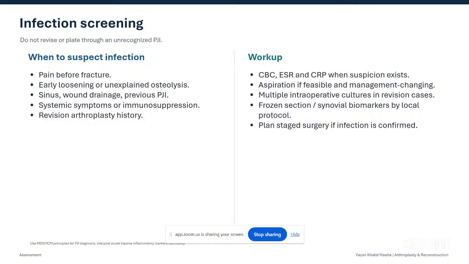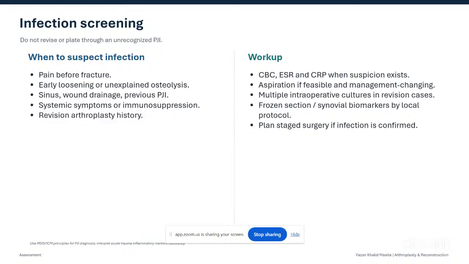So when you have a periprosthetic fracture, always think about infection. Do not revise or replace if you have an unrecognized PJI. When to suspect infection: if there was pain before the fracture happened, early loosening or unexplained osteolysis, a sinus or wound drainage, previous PJI, systemic symptoms or immunosuppression, or a revision arthroplasty history.